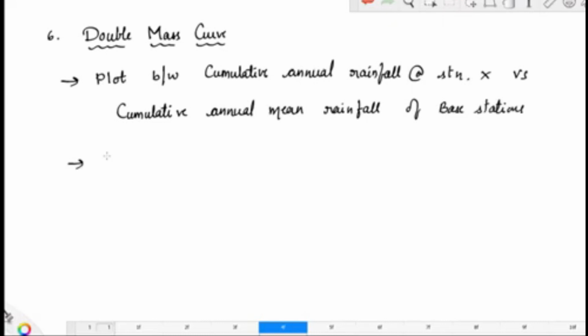So last point what you have to remember is double mass curve is used to check the consistency of a rainfall record. So these are the things which you require for chapter number 1.